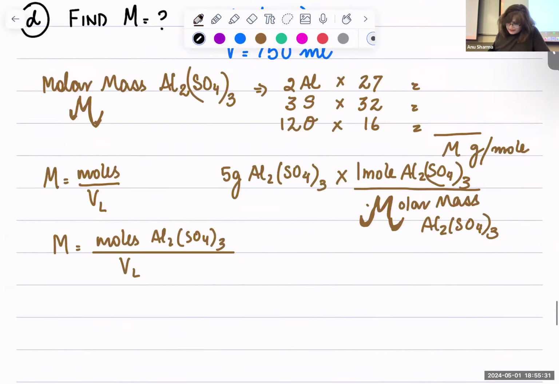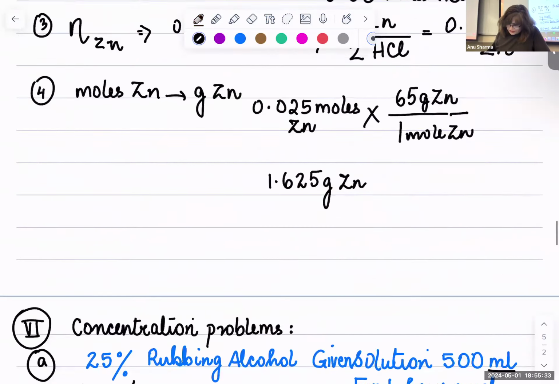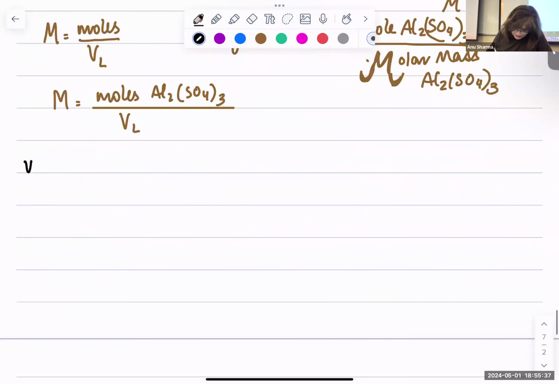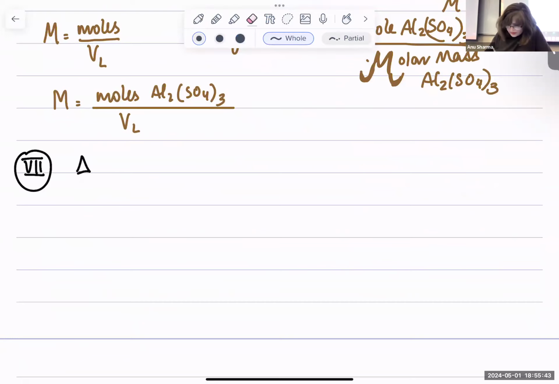The next part is these are the concentration problems. Next are the problems you guys should already know. Here you can say, find the final temperature.